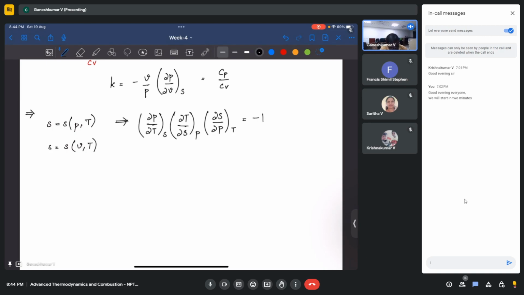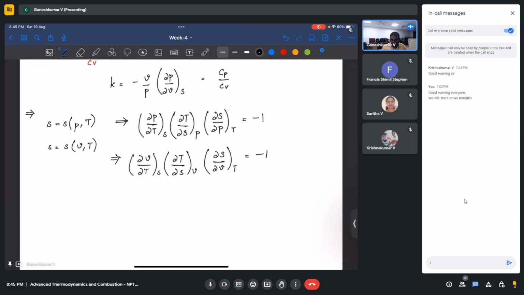This is a cyclic relation we used. Similarly, we can write ∂V/∂T at constant S, times ∂T/∂S at constant V, times ∂S/∂V at constant T is equal to minus 1.